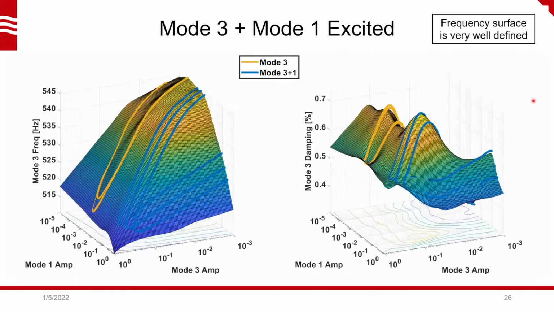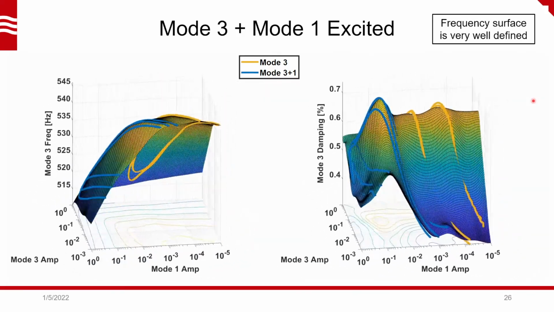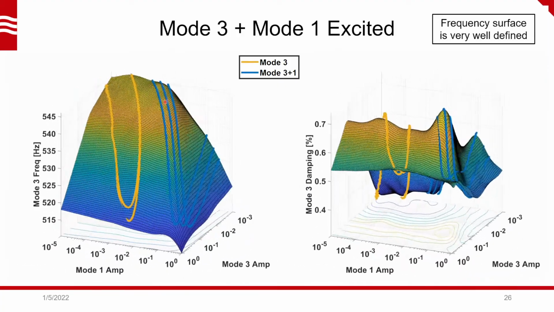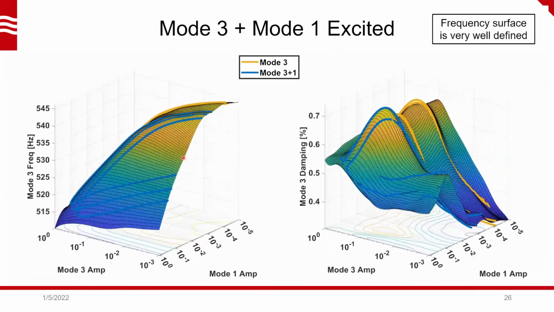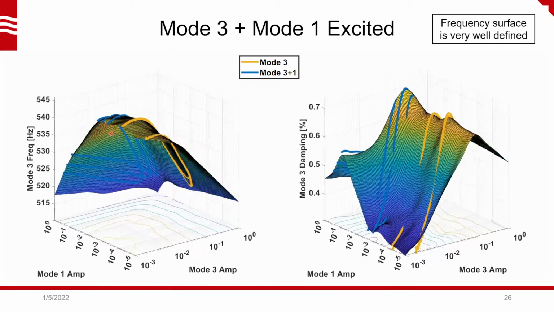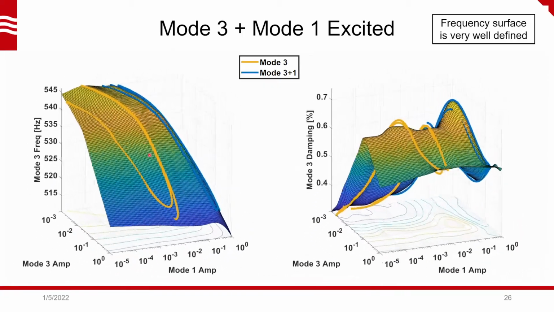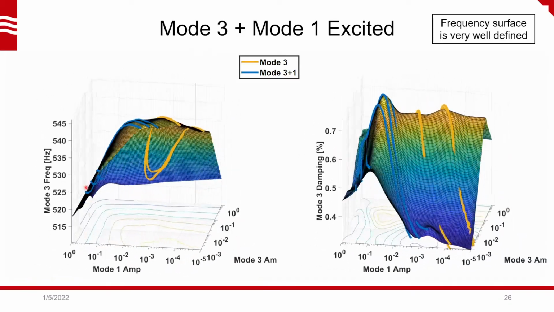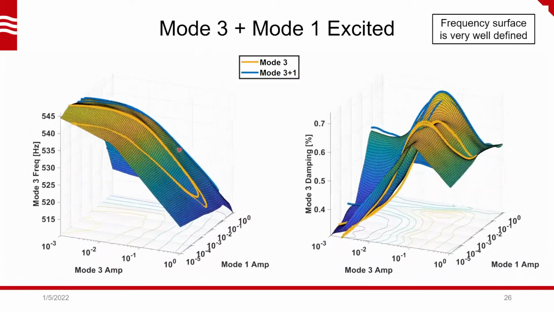And then if we put this into a surface and look at it, we see that this frequency behavior is really well defined, where if either mode 3 or mode 1 is highly excited, the frequency of mode 3 drops.